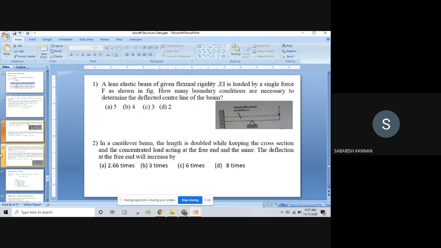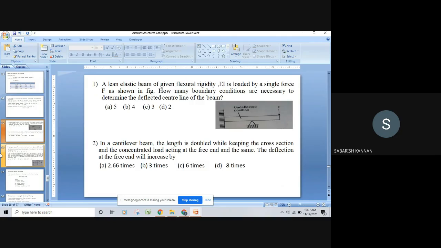Now we come into the problems asked in previous GATE exams. The first one: a lean elastic beam of flexural rigidity EI is loaded by a single force F as shown in the figure. How many boundary conditions are necessary to determine the deflected center line of the beam?